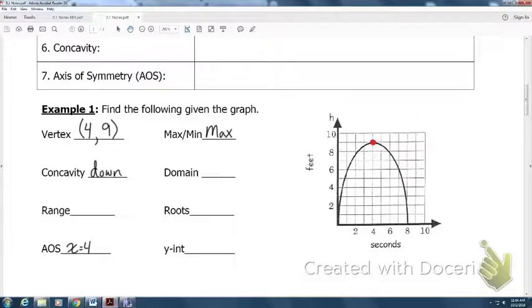The domain is going to be convenient because if it is not a word problem that limits the domain in some way, maybe you're measuring something that can't be negative, but if it's just an equation, your domain is always going to be negative infinity to positive infinity.